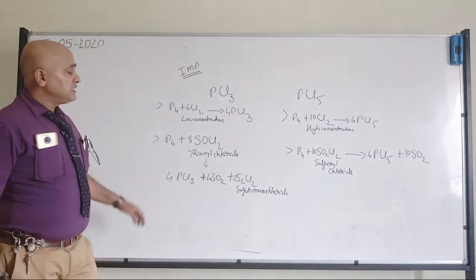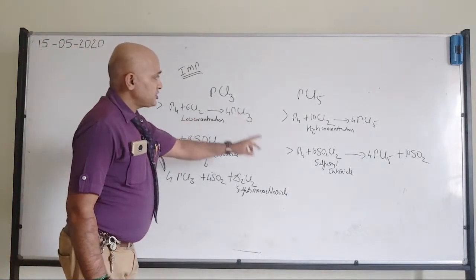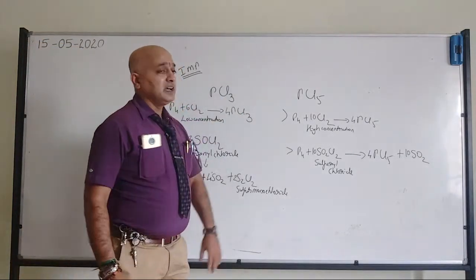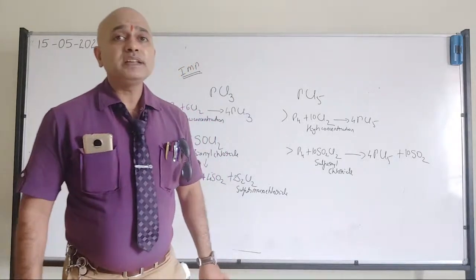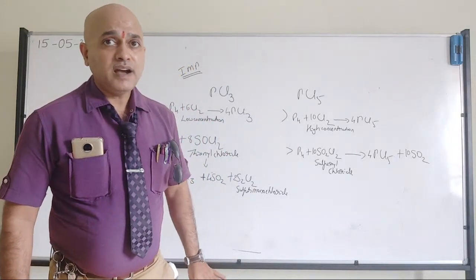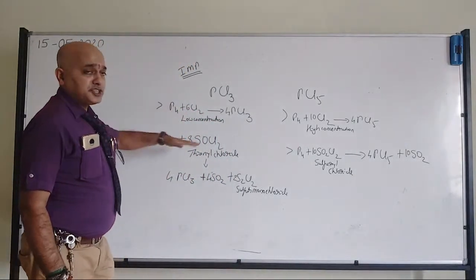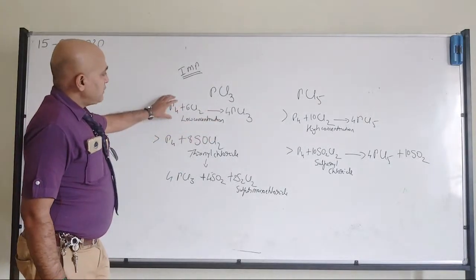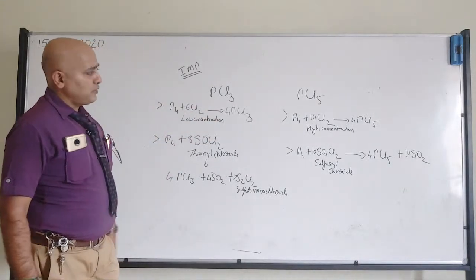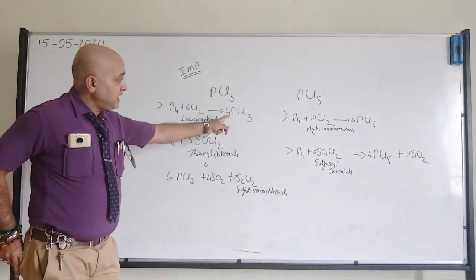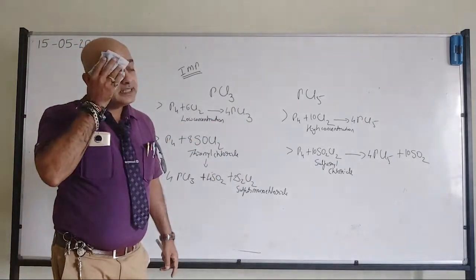So these are some of the reactions which show the difference between PCl3 and PCl5. I am talking about preparation. When white phosphorus is treated with a low concentration of chlorine, it is going to form PCl3.